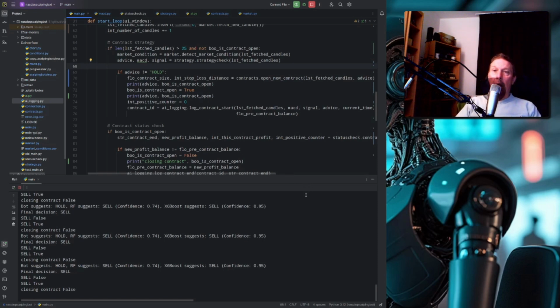And if we look down here in the editor screen, we see that there is always a false when we're starting with a contract. Then it turns into a true if the contract is opened, and then we're going back to a false after the contract is closed, every time again.